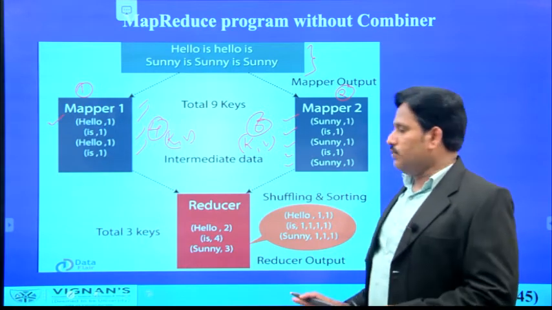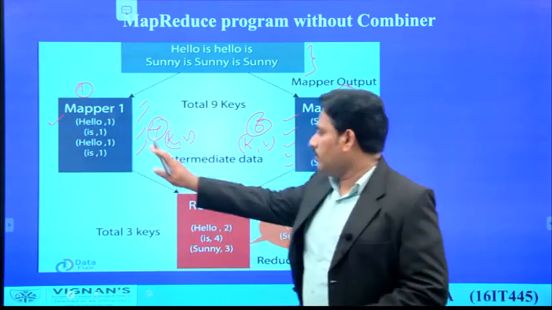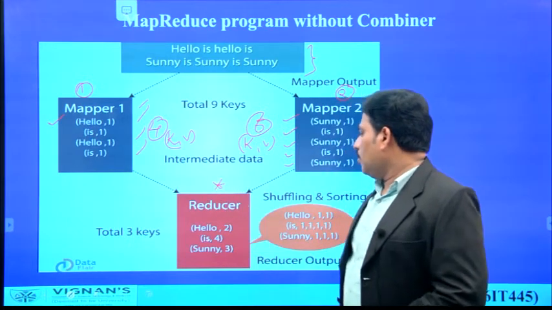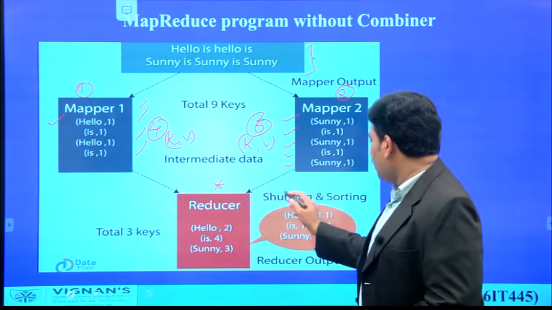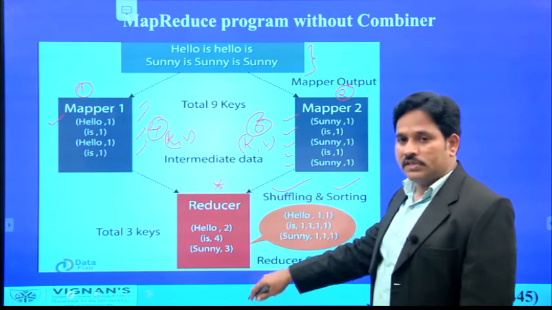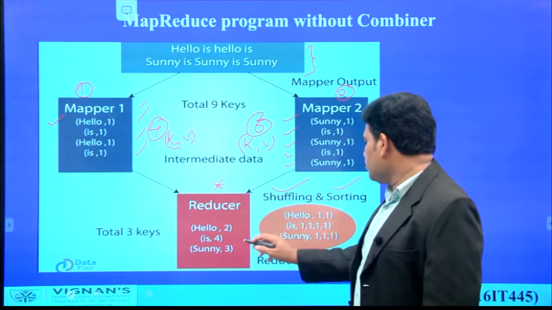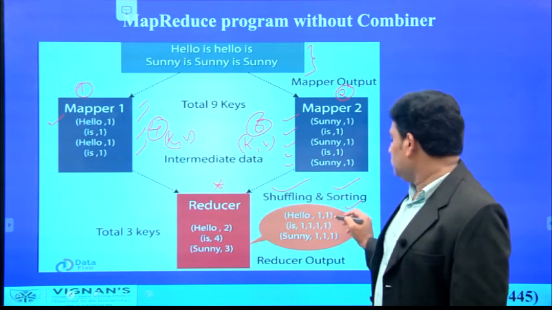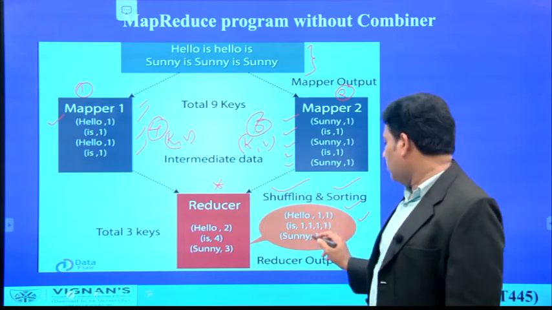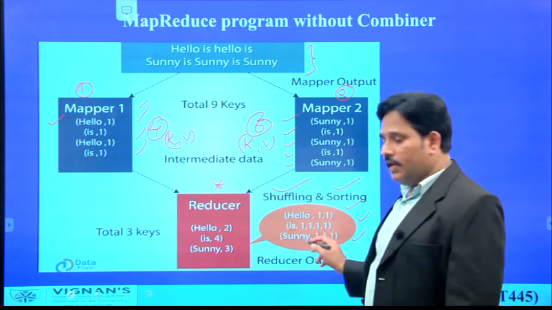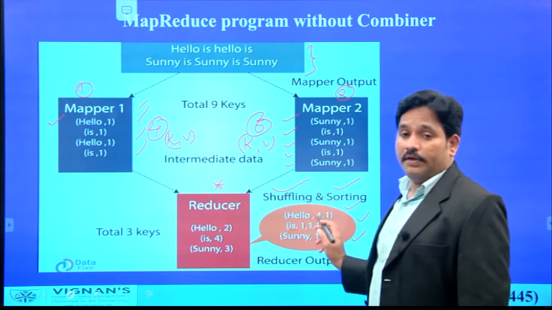When we are not using a combiner, all the key-value pairs are sent directly to the reducer. The reducer applies shuffling and sorting operations itself. Finally it produces hello 1,1; is 1,1,1,1, because is is repeated four times; and sunny is repeated three times, hello one time.